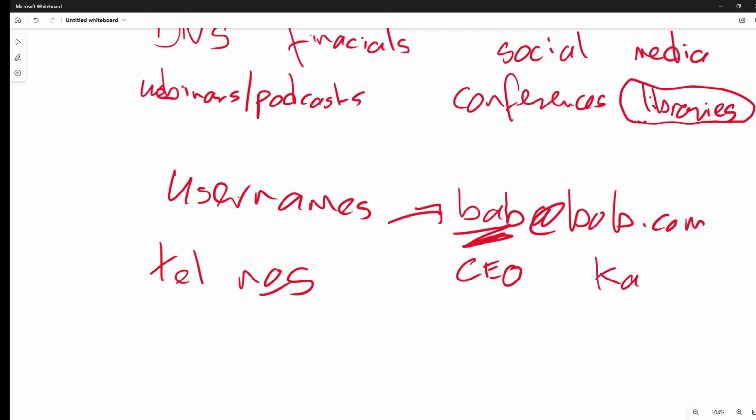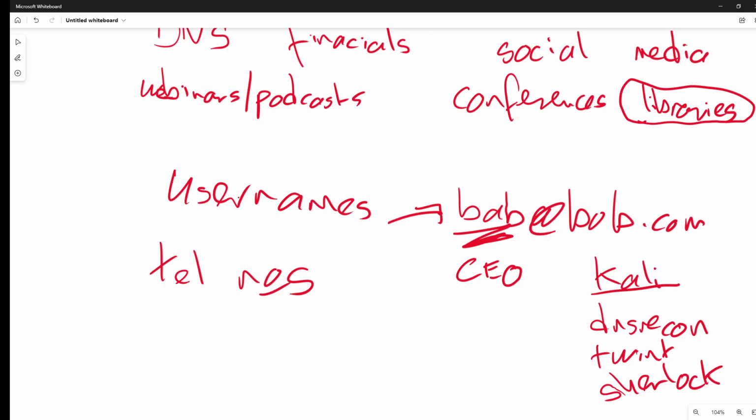So Kali Linux has lots of open source tools, such as DNS Recon. You've got Twint, you've got Sherlock. Twint goes to Twitter, and Sherlock goes to all social media sites and tries to get your usernames all sorted out.